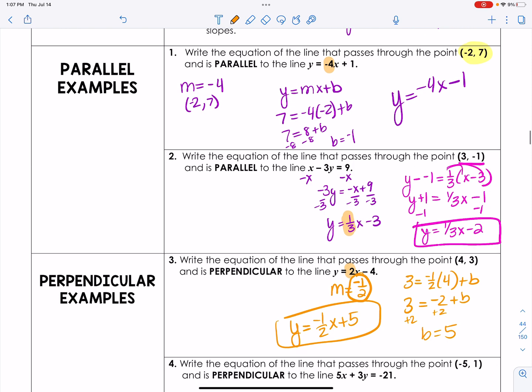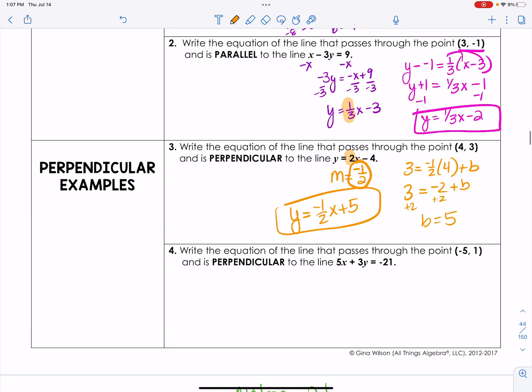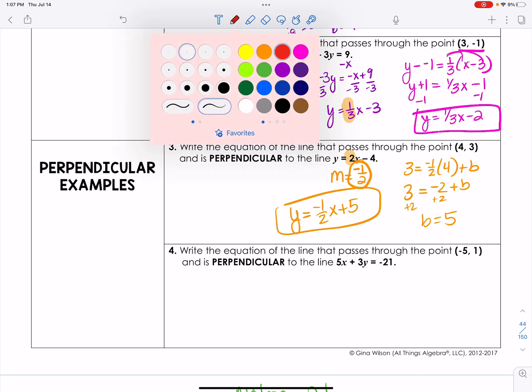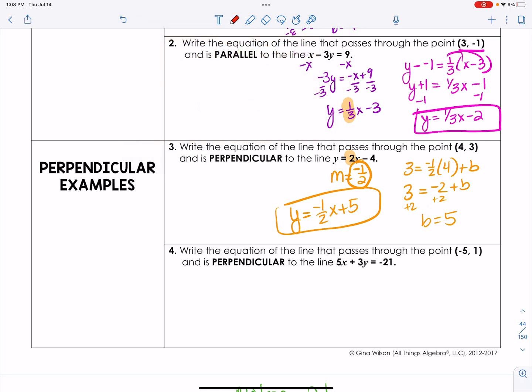Then I look at the bottom of the page, and it's the exact same thing we were just doing with the parallel, except it doesn't give me the slope yet. So I would have to solve for y. I'm going to have to write it in standard form and divide everything by 3. The only thing I care about is this slope.